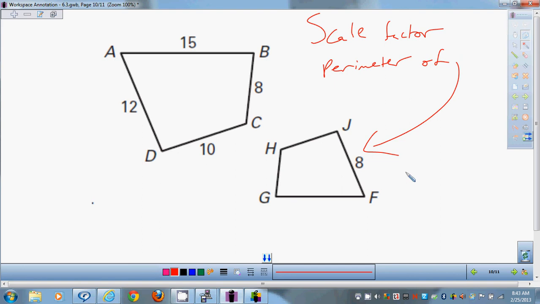That's your scale factor. How did you set up to find the perimeter? And what did you get when you added it? 45. Very good.